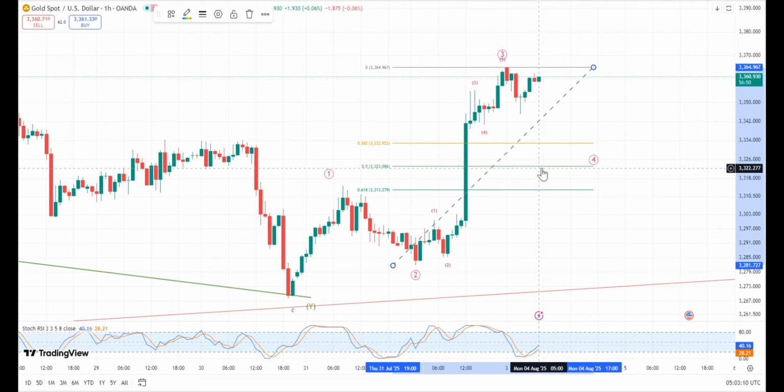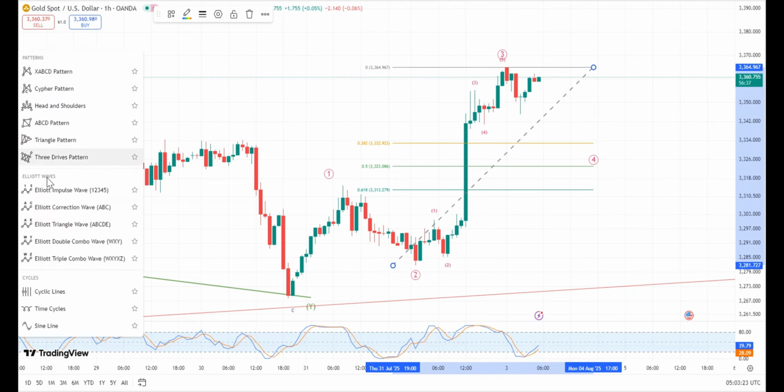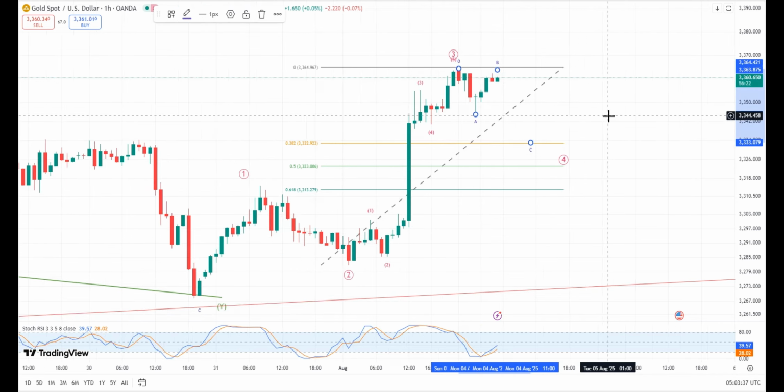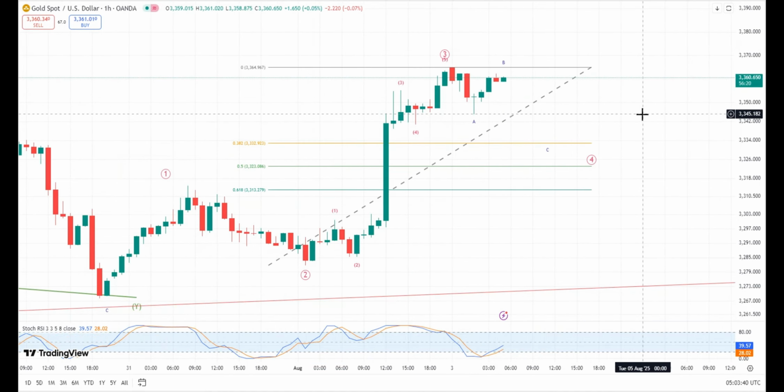So I'm going to look more at these two zones as my entry zone. So for the price of Bitcoin, we should be expecting an ABC correction. So this is more like our wave A, wave B, and we should be expecting a wave C to the downside to this target.